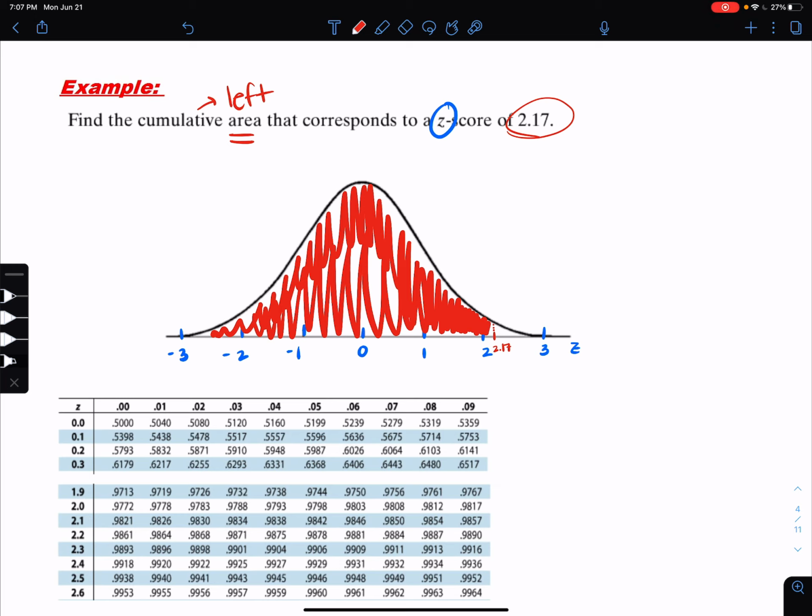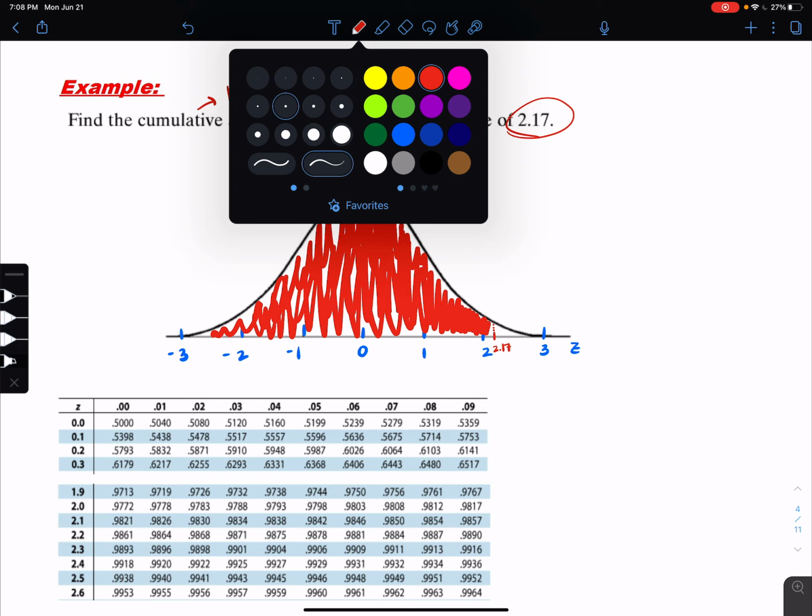Now, we know the total area is 1, so the areas are always going to stay between 0 and 1. But where the previous problem had a small area, 0.0143, this one's going to have a larger area, something much closer to 1, because 1 is the total area under the curve. So we kind of know what to expect when we go to our table.